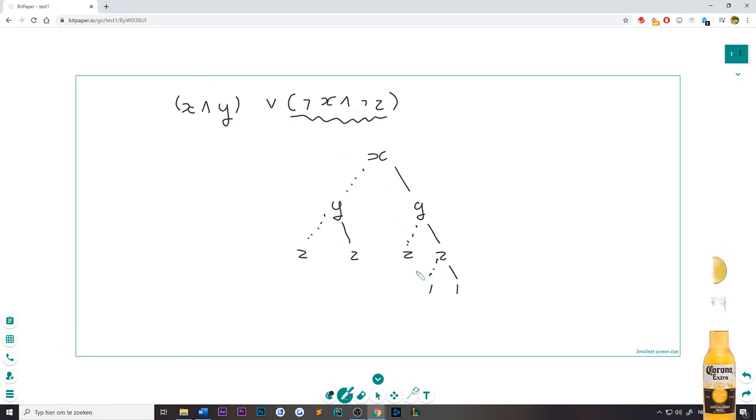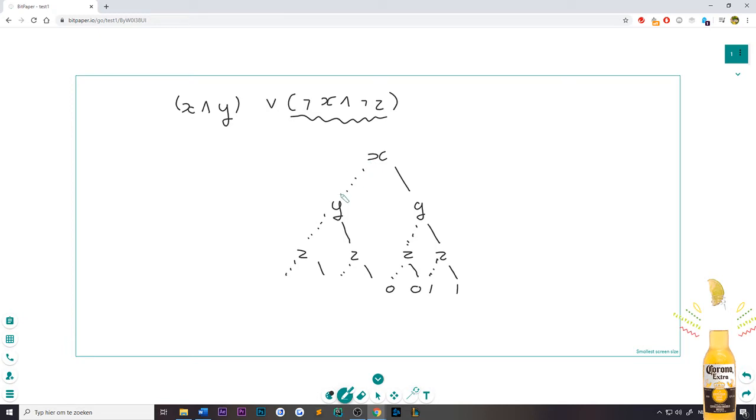For these two, we can't say yet. We can also look at the second statement. Here we have x, but we don't have y per se. Not x is false, so this is false already. So these must both be 0. Hopefully that makes sense.